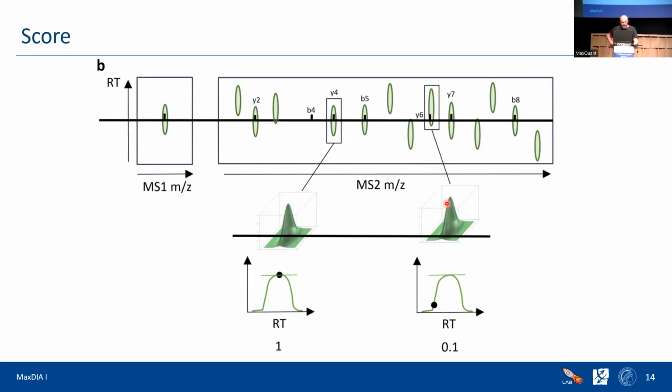If you hit the maximum, you would add 1, like in this case, and if the hit is somewhere low in the tails, then we would add a considerably smaller number. We will go into the details of how this works later, but let me already mention it now.